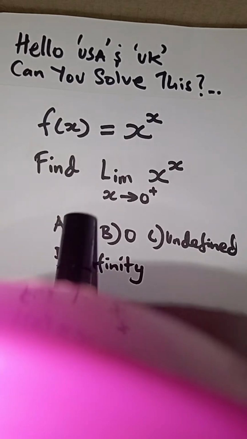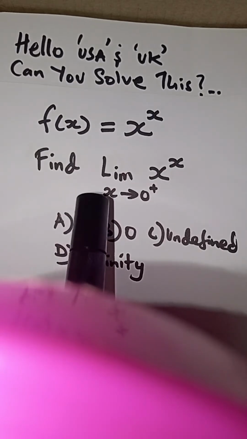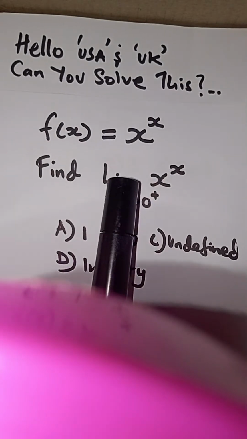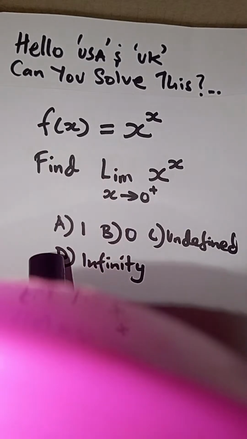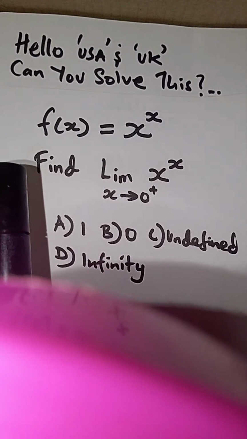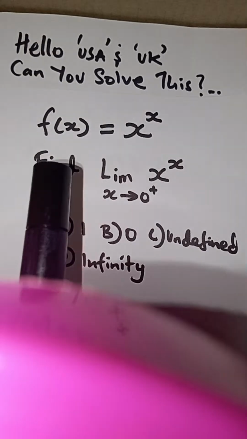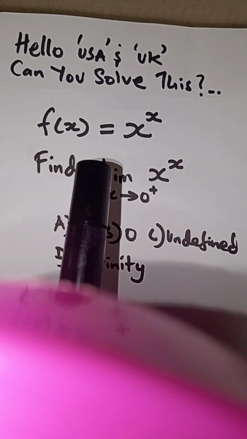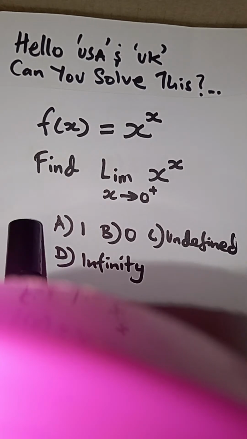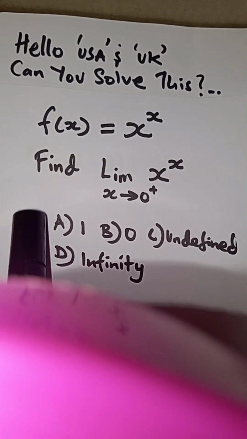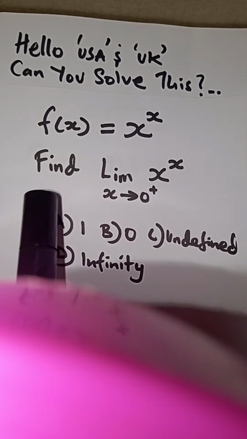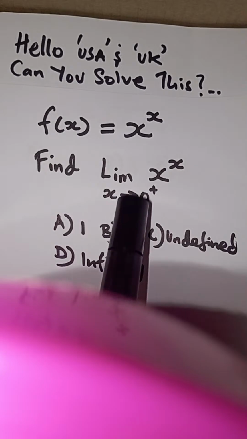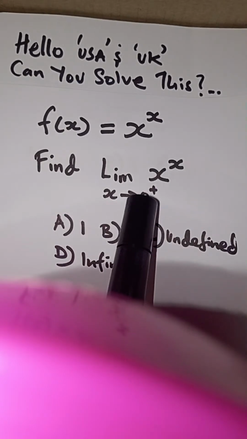So for this case, the solution is either A is 1 or B is 0, or C is undefined. This is a higher order equation that deals with the limits. So what happens when the power goes closer to 0 from the positive side?